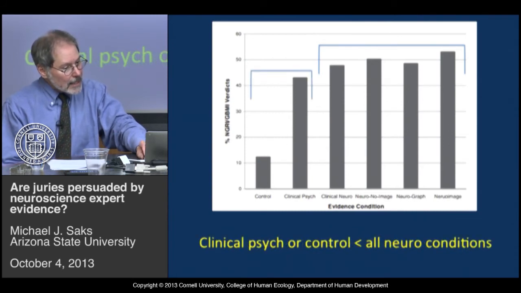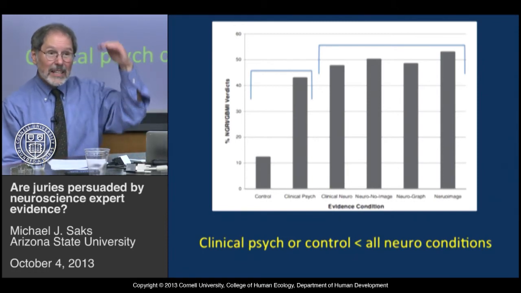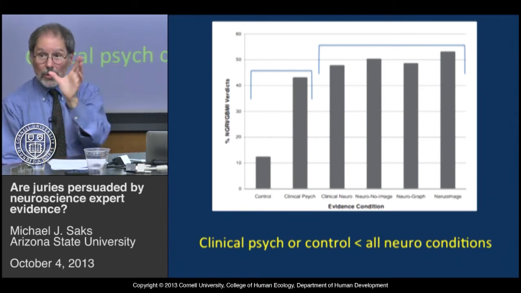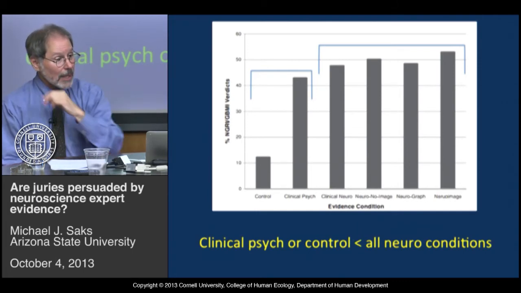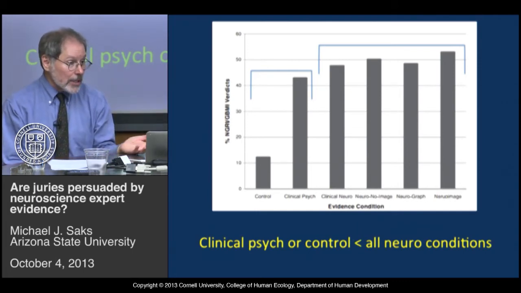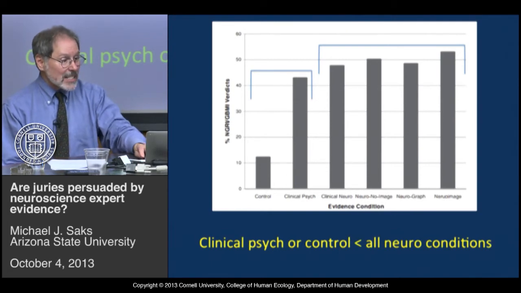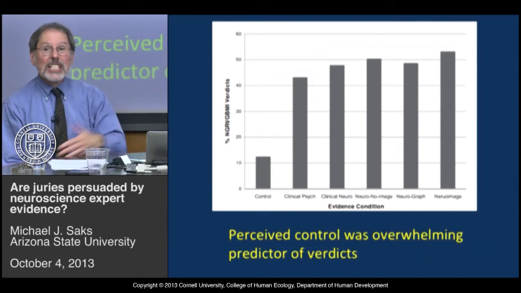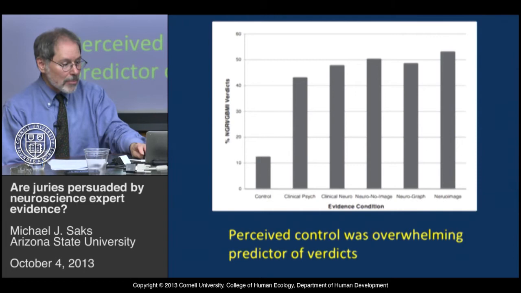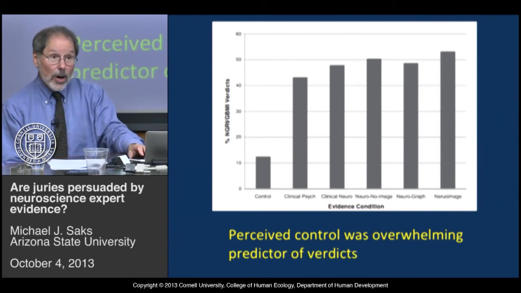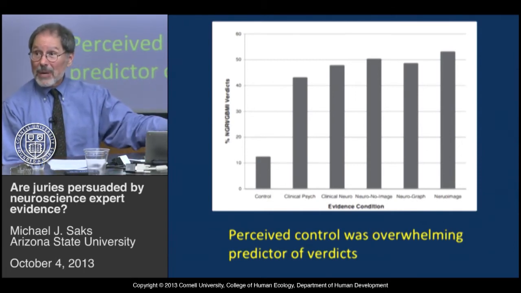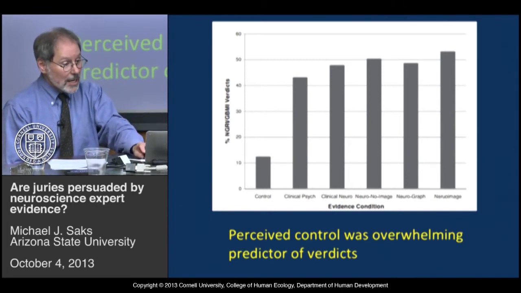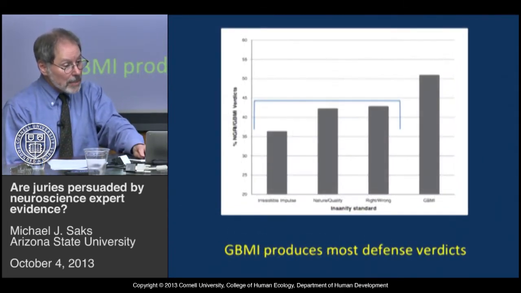And the clinical psych is significantly less impactful than the neuros. And of course, the control condition is least of anything. Again, perceived control was the overwhelming predictor of the verdict to find the person not guilty by reason of insanity or guilty. Perceived control was really big.